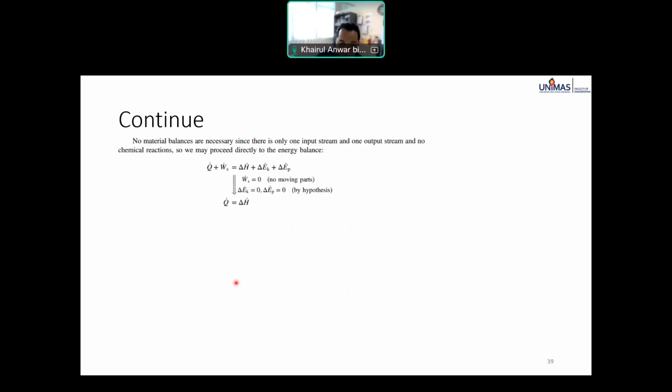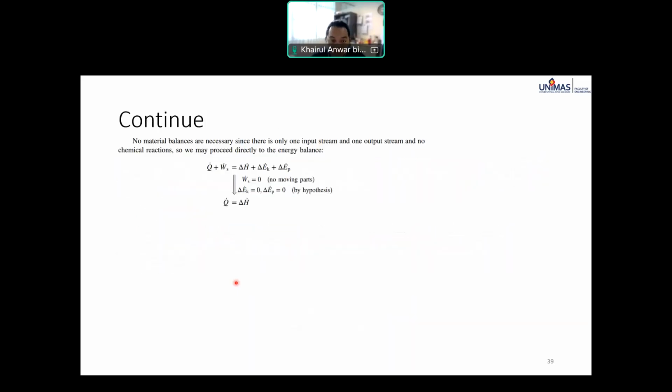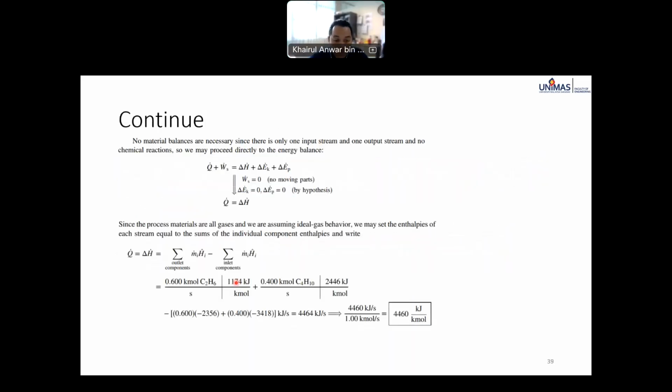The enthalpy values are given, so you don't have to look them up again. They are from the Perry handbook, the enthalpy of the outlet and the inlet.